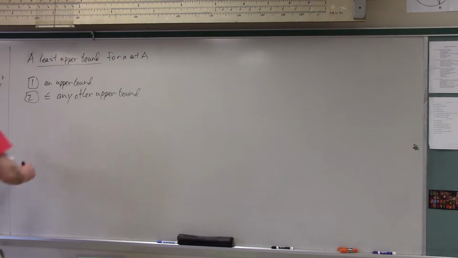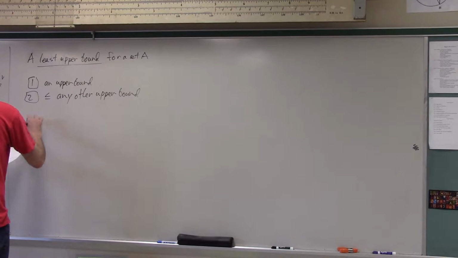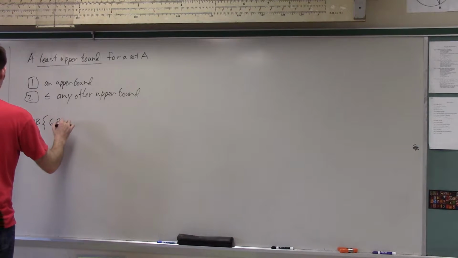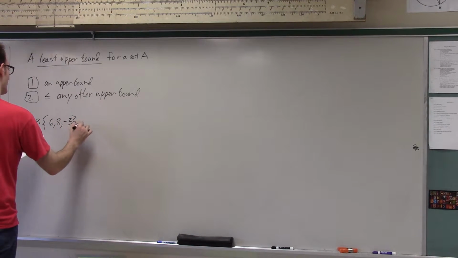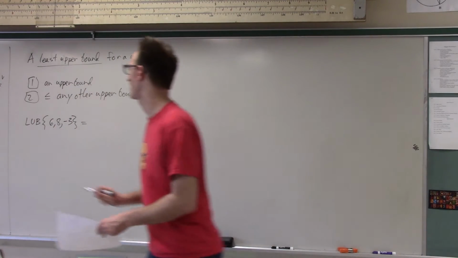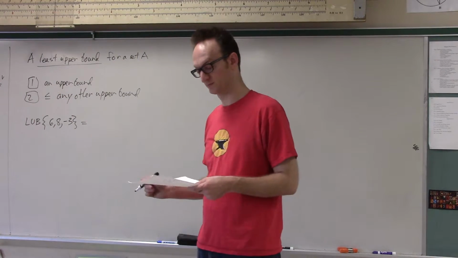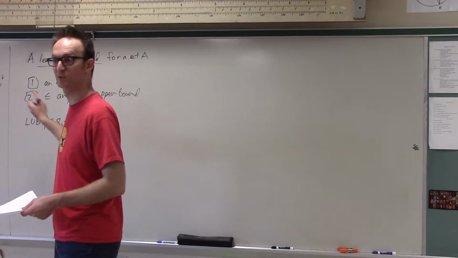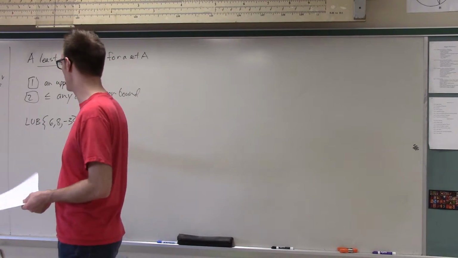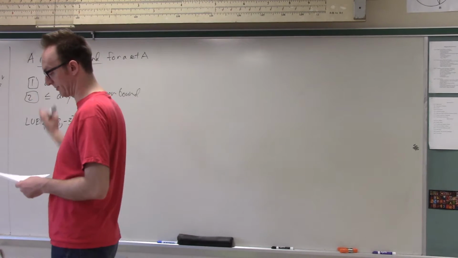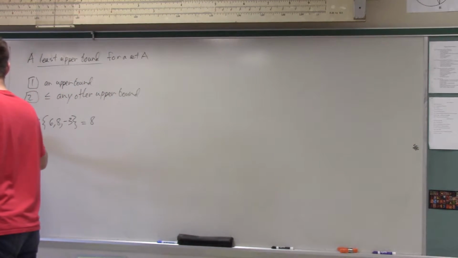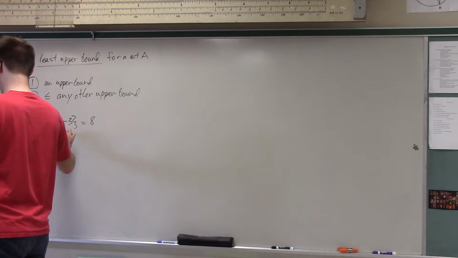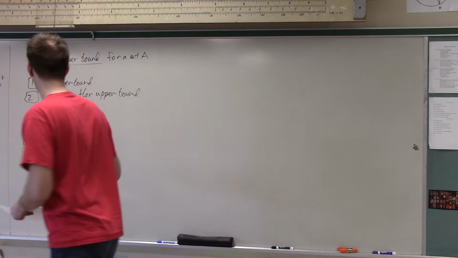This is something that's called a supremum, which is just a Latin word for the same thing. Suppose you have some finite set. What is the least upper bound of the set 6, 8, negative 3? 8. 8 is the smallest number which is greater than or equal to every one of the numbers of this set. There are other upper bounds, like 9, but 8 is the least upper bound. What is the least upper bound of the set of real numbers from negative 3 to 4? 4.